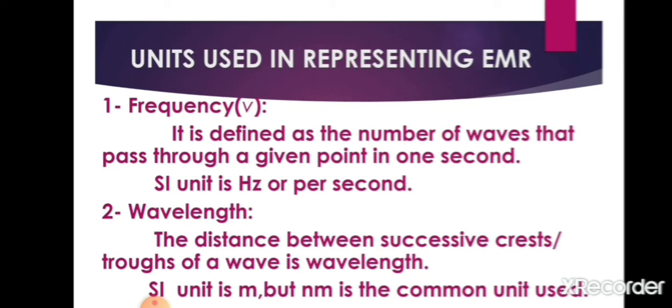The SI unit of frequency is hertz or per second. Next one is wavelength. It is defined as the distance between successive crests or troughs of a wave. The SI unit of wavelength is meter, but we use nanometer as common unit.